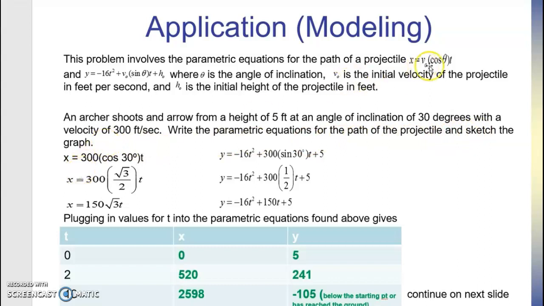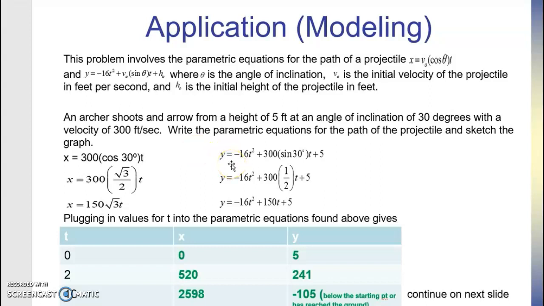So plugging in the equation for x, the initial velocity was 300 feet per second. The angle was 30 degrees. Simplifying by taking the cosine of 30 degrees, plugging that in, of course 300 divided by 2 gives us 150. So x equals 150 times the square root of 3 times t.